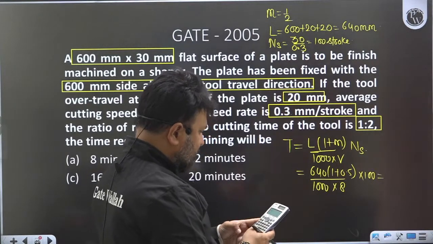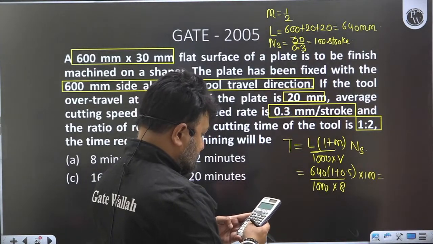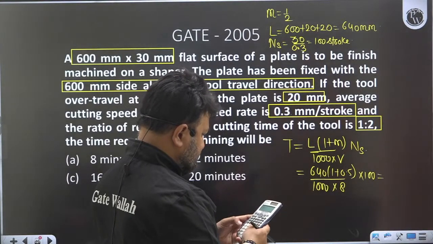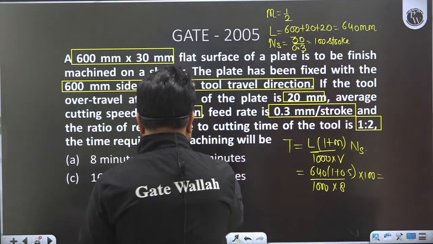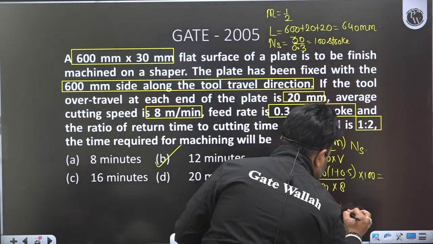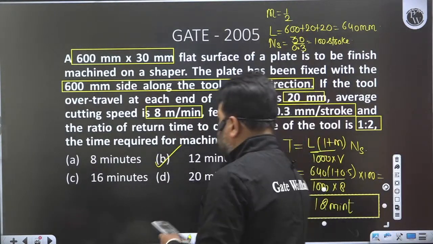So 640 into 1.5, multiply by 100, divided by 8000, that is 12 minutes. So 12 minutes is the answer.